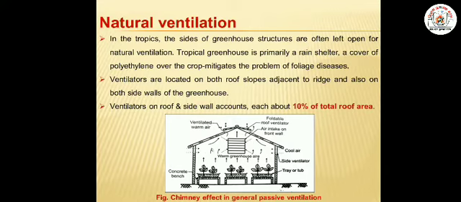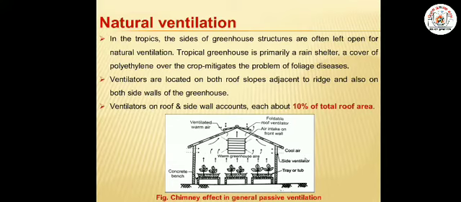Due to the high temperature, the air inside the greenhouse becomes warm or hot, due to which its density decreases, and due to the decrease in density, it becomes light in weight and gets lifted up inside the greenhouse structure, and it gets removed through the ventilators which are provided in the roof into the ambient air.